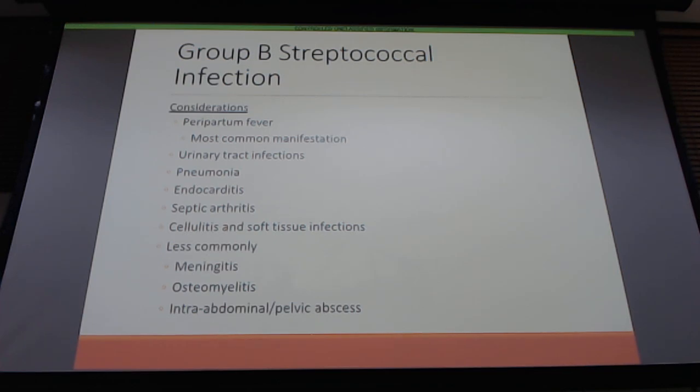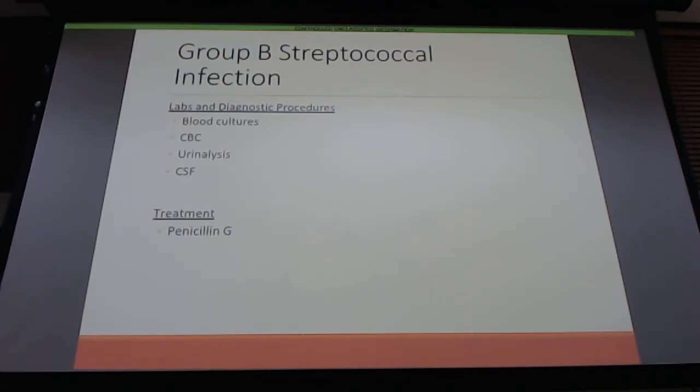Other things group B strep can cause are pneumonia, endocarditis, and septic arthritis. So there's a whole bunch of other little issues this thing can cause. We can do blood culture, CBC, urinalysis, and CSF, especially if we're thinking meningitis type issues. And then treatment is Pen-G.